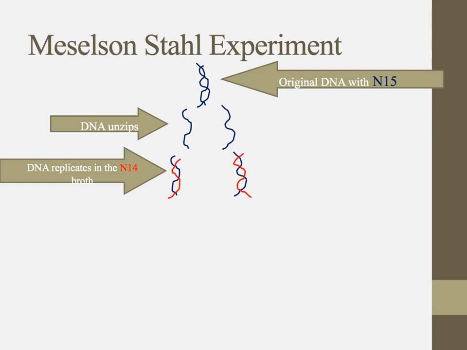But since now our medium is a lighter nitrogen isotope, we went from where all the DNA sunk down at the bottom because it was heavy to now the DNA is all here in the middle because it's half light and half heavy.